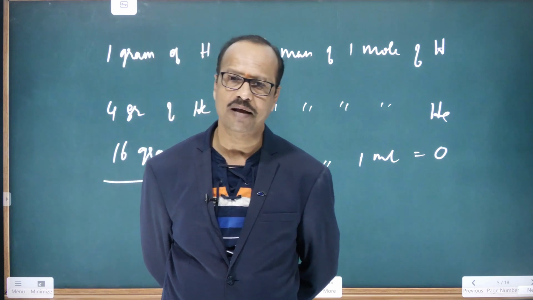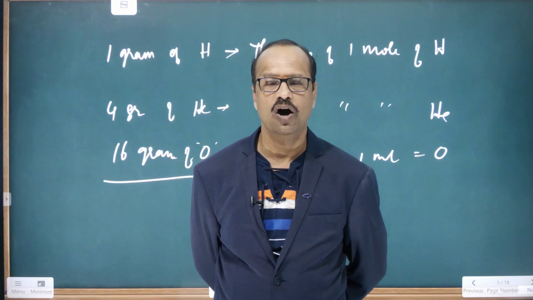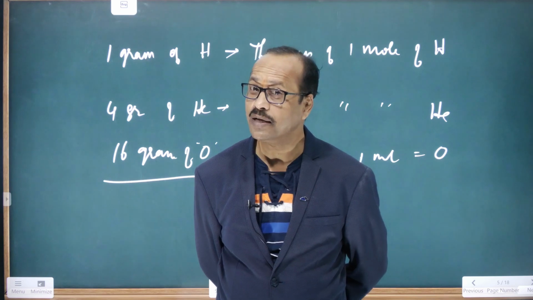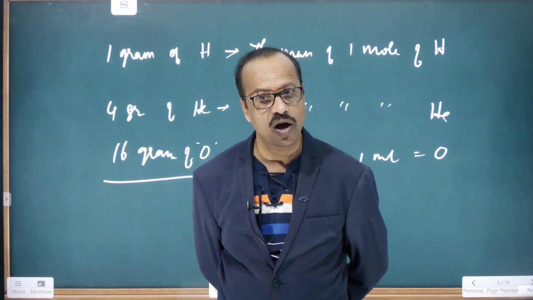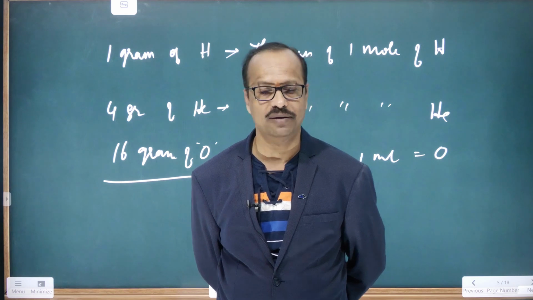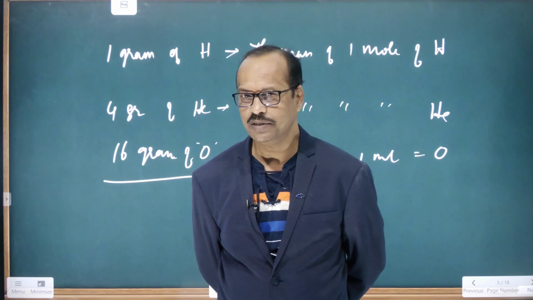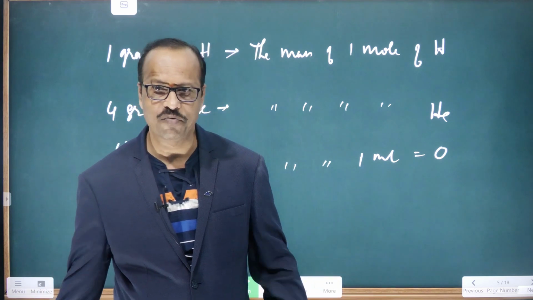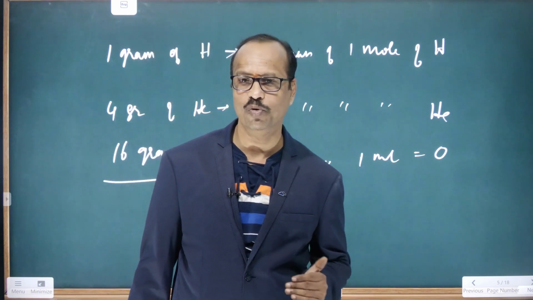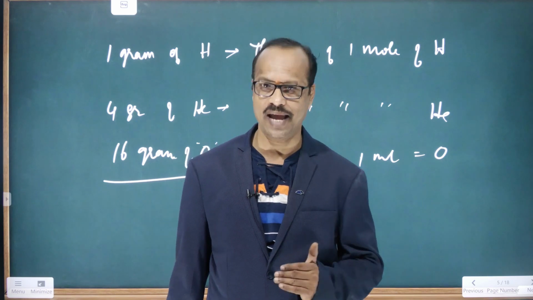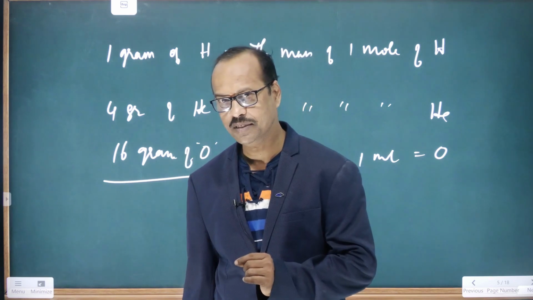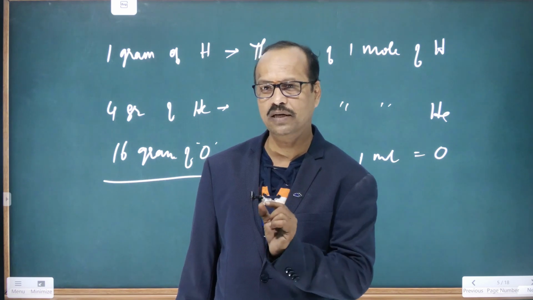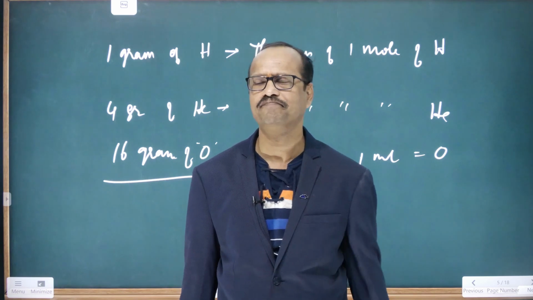So, 14 grams is the mass of 1 mole of nitrogen atoms. Clear? Very simple, no? So, if you want to express the mass of 1 mole of any substance or any atom in terms of grams, just put grams beside its mass number.